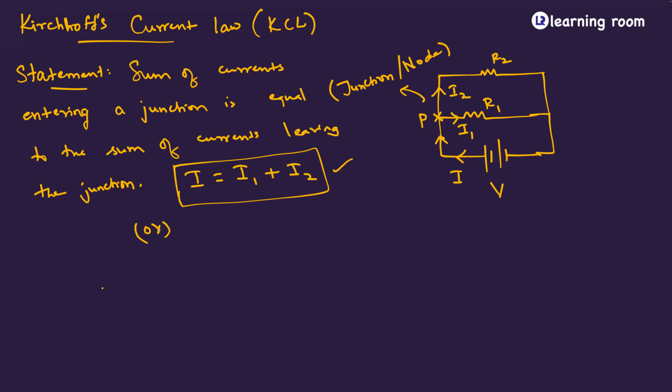Or, what I can do to this expression is write it as I minus (I1 plus I2) is equal to 0. Can I write it in this way?